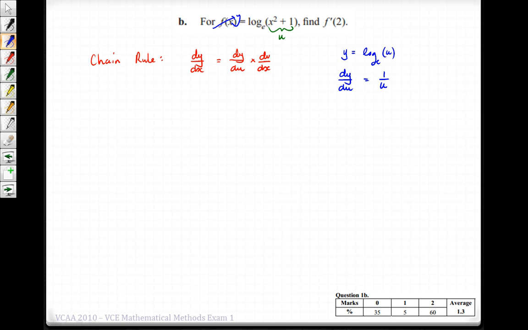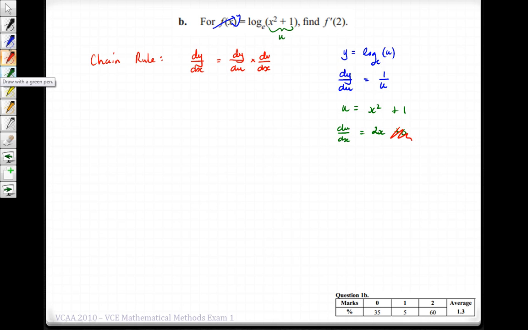Now we're going to work out what our u part says. So u equals x squared plus 1. So du dx, the derivative, is just power out the front, 1 off the power, and a constant just goes to 0. So we'd have a plus 0 in here that we don't need to worry about at all.